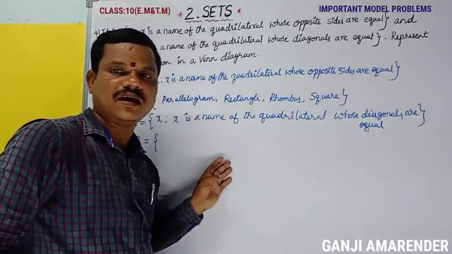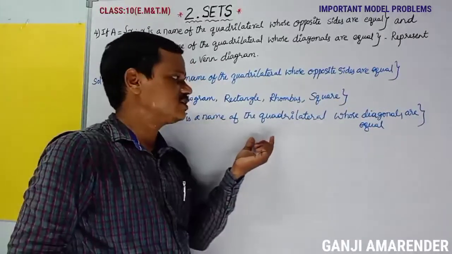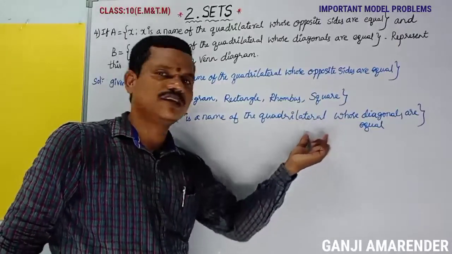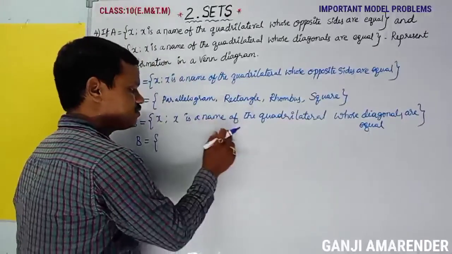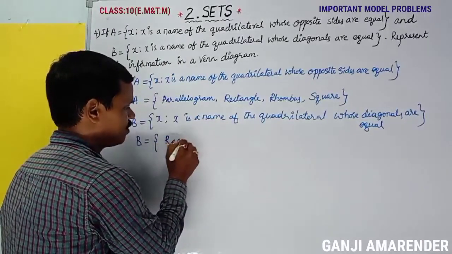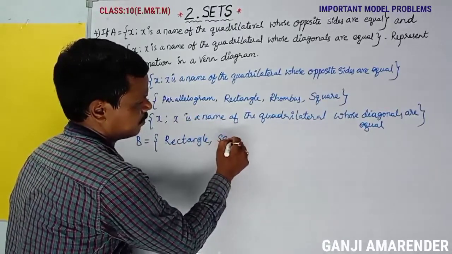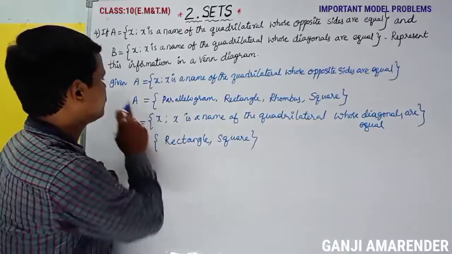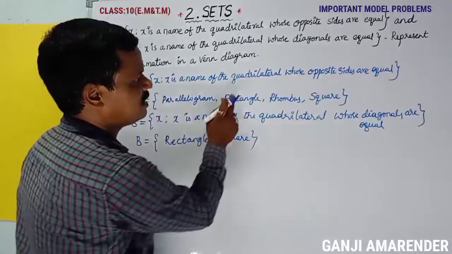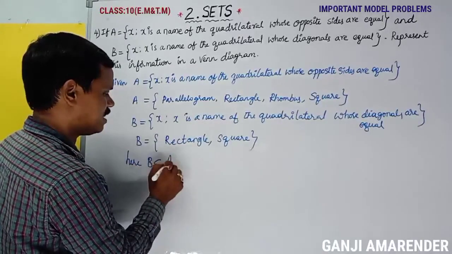In rectangle and square diagonals are equal. So rectangle and square are the elements of this set. Here the elements of set B are elements of set A. So B is a subset of A.